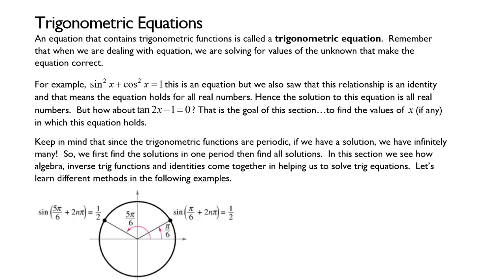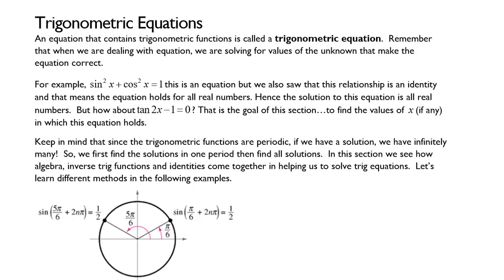Hence, the solution to this equation is all real numbers. But how about tangent of 2x minus 1 equals 0? That's the goal of this section, to find the values of x, if there are any, in which this equation holds. Keep in mind that since the trigonometric functions are periodic, if we have a solution, we have infinitely many.